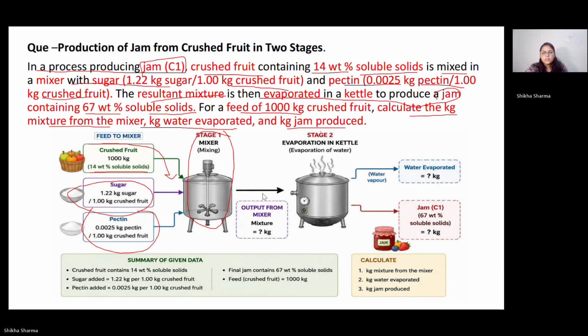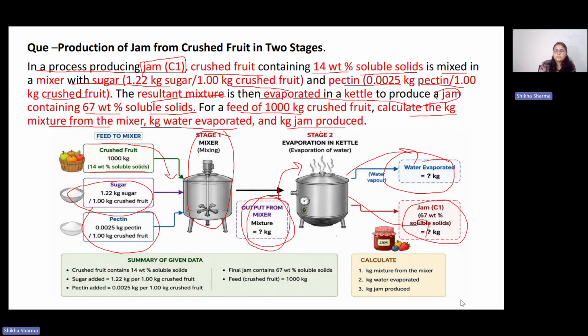And then there is some output will be from the mixture, which is further fed into evaporator for the evaporation in a kettle, and water is evaporated and the jam is produced, which is 67 weight percent of the soluble solids. So we need to calculate here what is the water evaporated and how much is the kg of the jam is produced and how much of this mixture was produced. Please try to calculate this question.